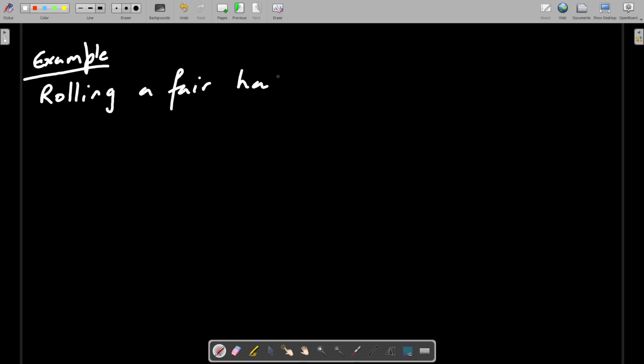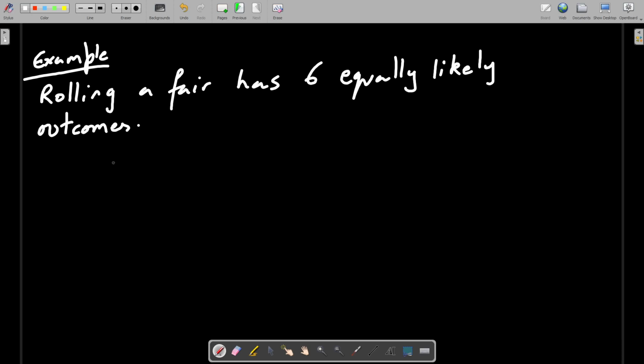For example, rolling a die has 6 equally likely outcomes, so capital N is equal to 6 in this case.